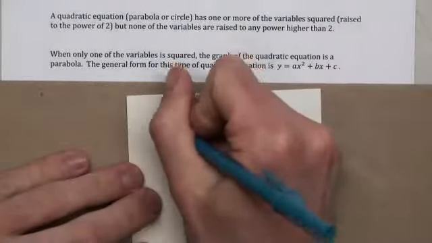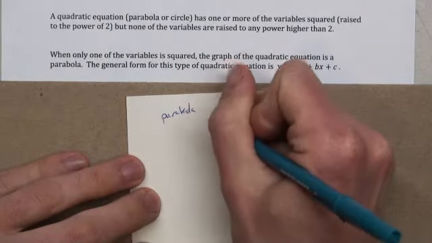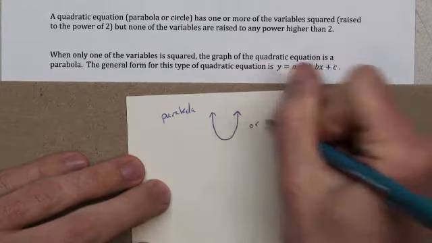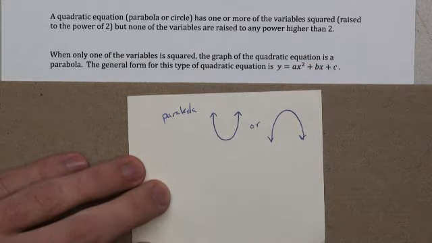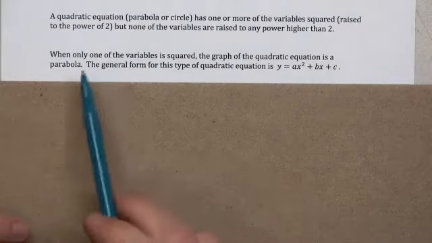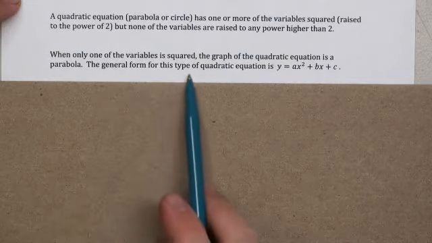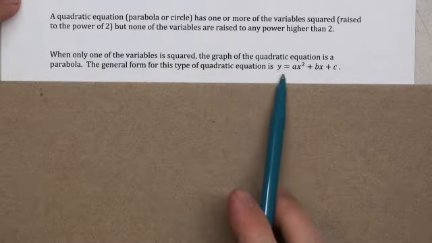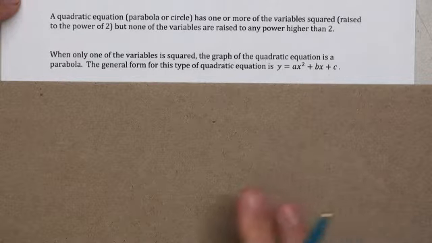For a parabola, what you have is either this or this. The general form for this type of quadratic equation is y equals ax squared plus bx plus c.